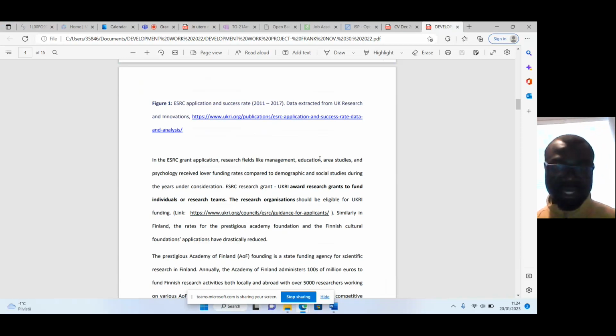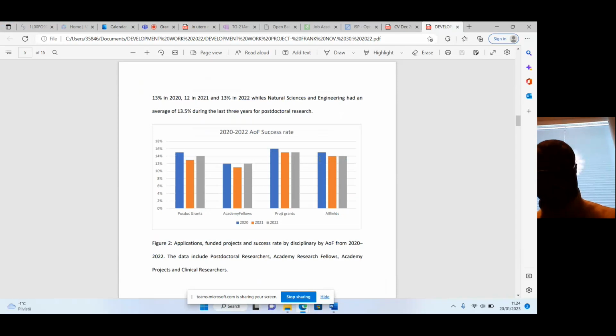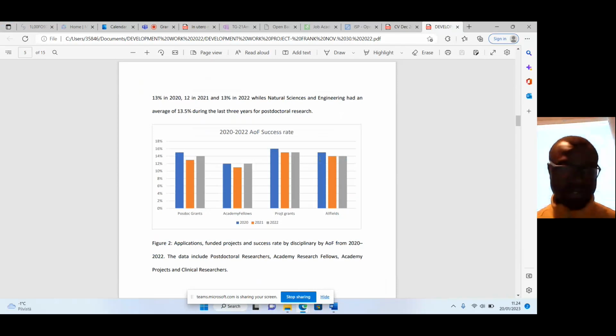And similarly, I try to present also the Academy of Finland. This is a national funding agency in Finland for academic research purposes. And we could see that the rate, even here, is much lower than we saw in the case of the UK.